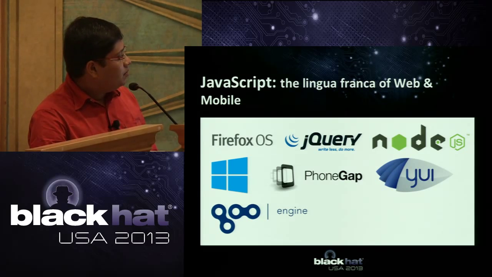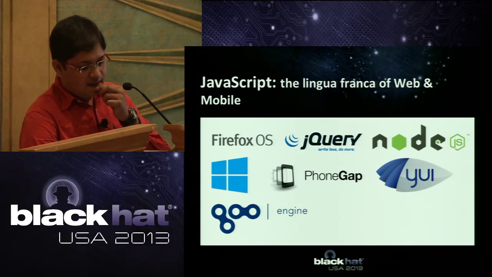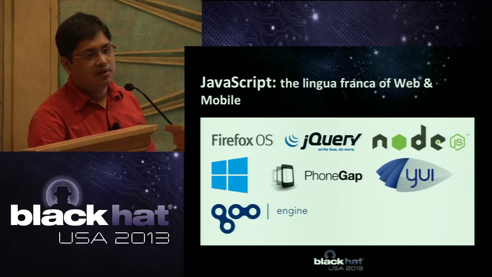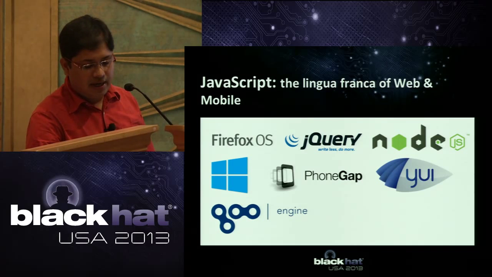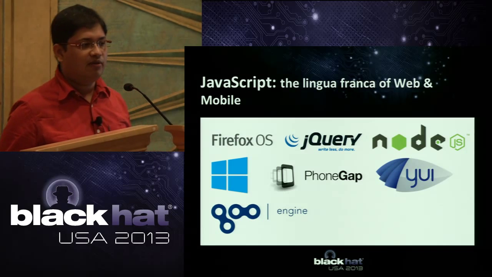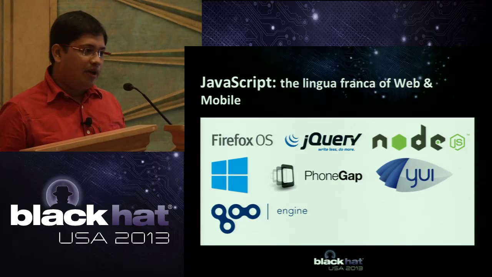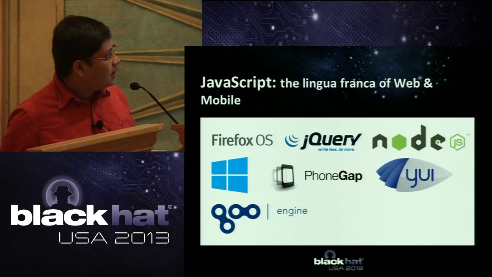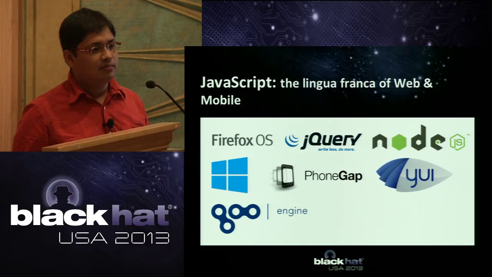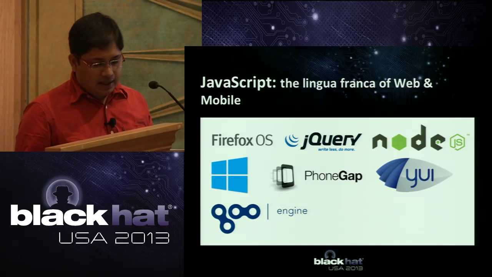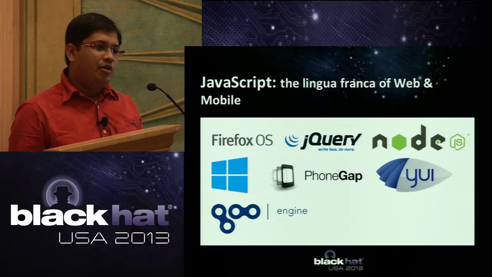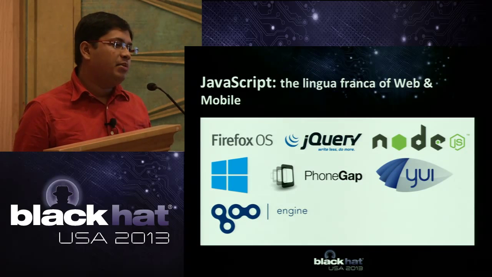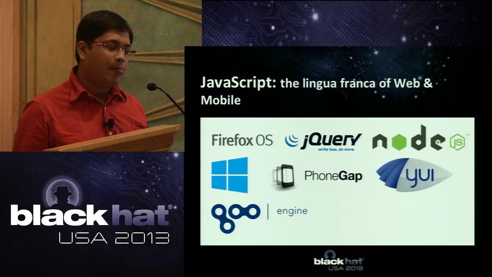There are new SDKs or frameworks being released like the Goo engine, which lets you write interactive 3D games using JavaScript and HTML5. And sorry, I forgot to mention Node.js, the new server-side JavaScript. So it's almost everywhere, be it client-side, server-side, or on mobile phones.